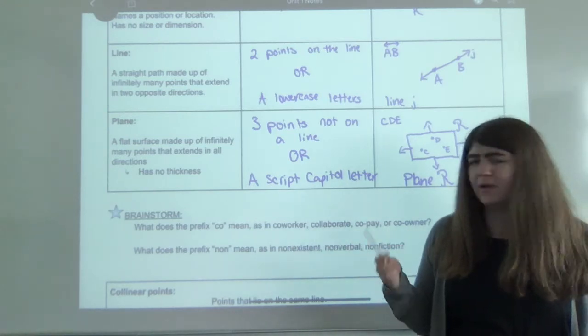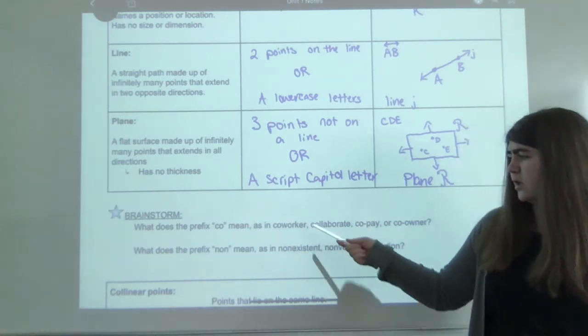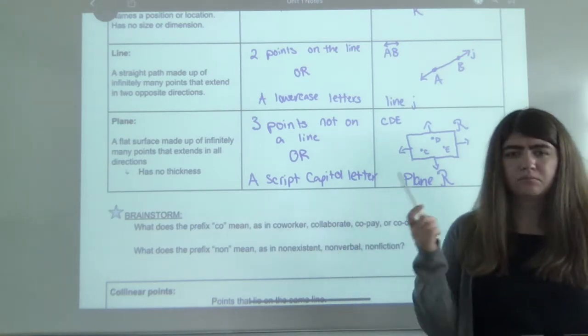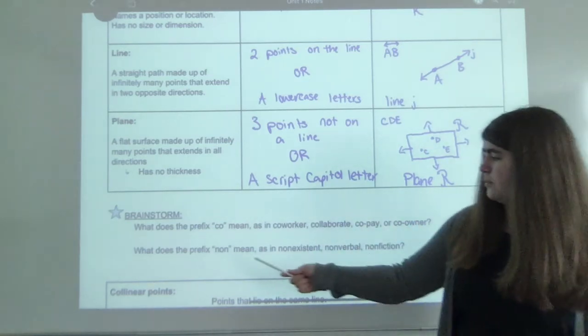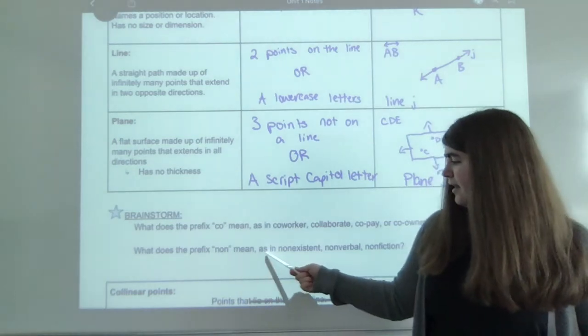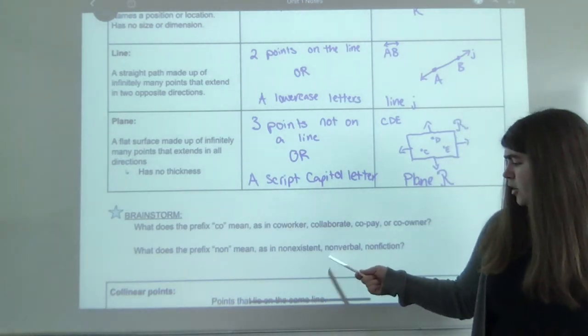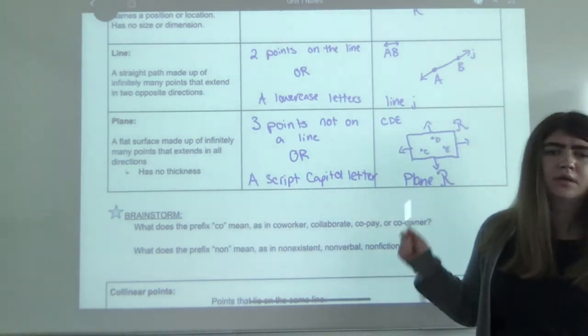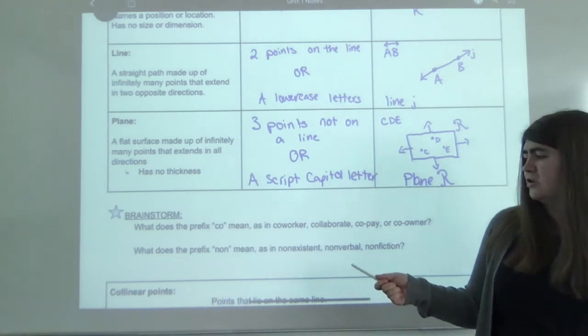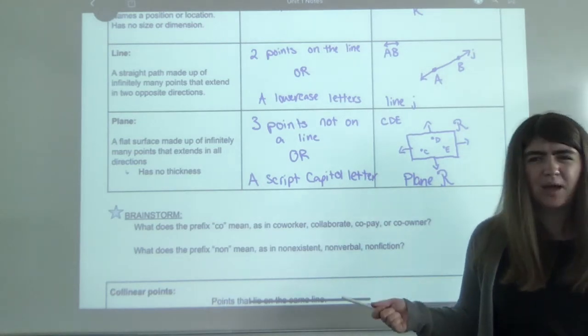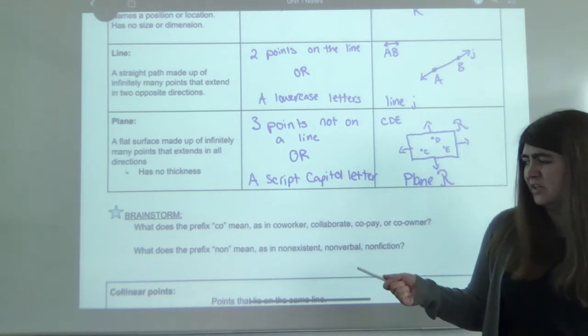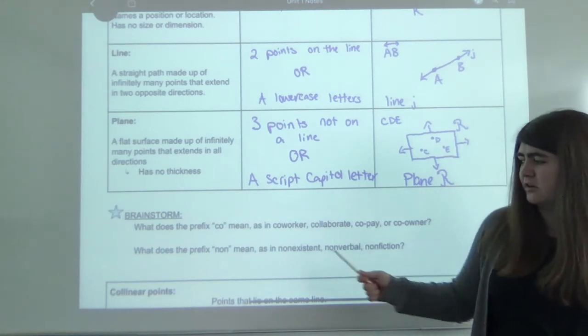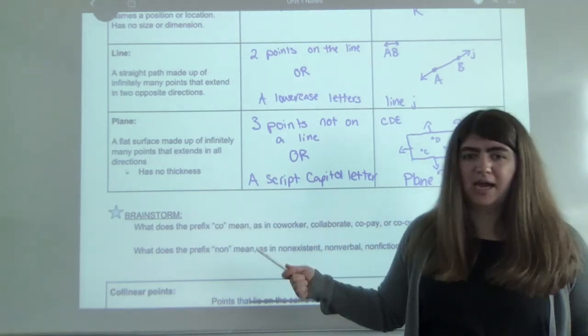The prefix co makes me think together. What does the prefix non mean, as in non-existent, non-verbal, non-fiction? There are a couple things you might come up with, but I think the most common is the word not. So we have co, together, non, not.